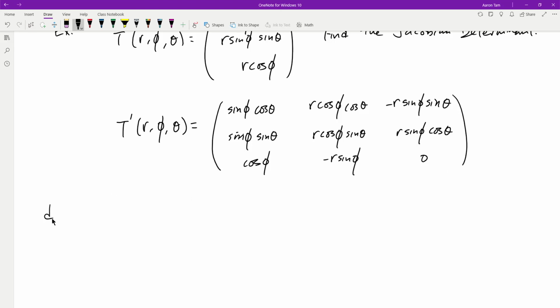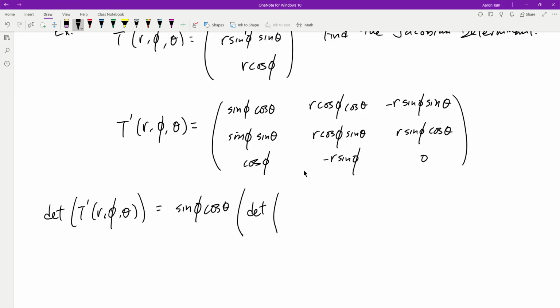Okay. So what is the determinant of T prime of r, phi, theta? That will actually come out to be the following. It is sine phi cosine theta multiplied by the determinant of r cosine phi cosine theta, r sine phi cosine theta, negative r sine phi, 0.